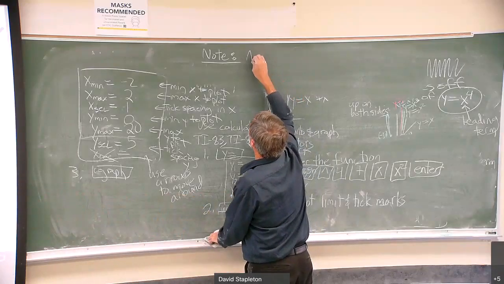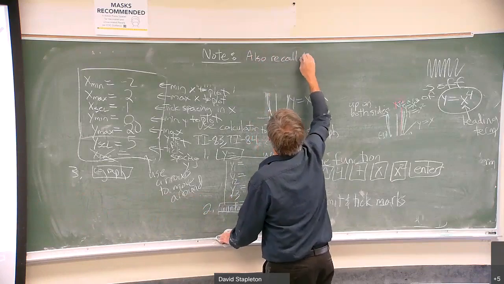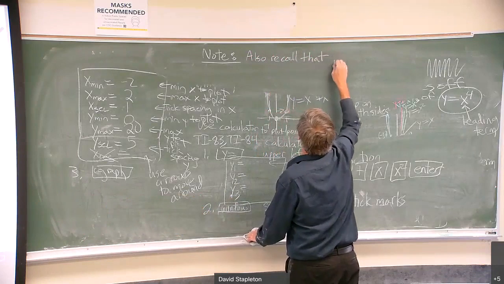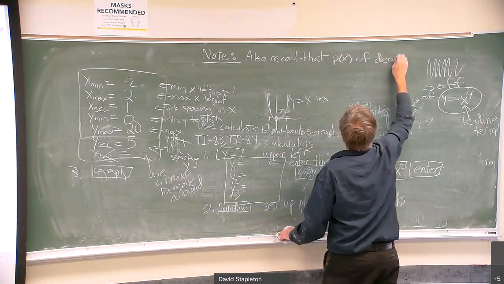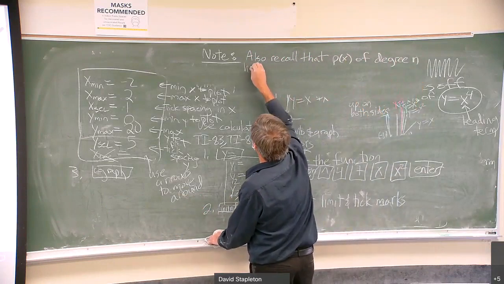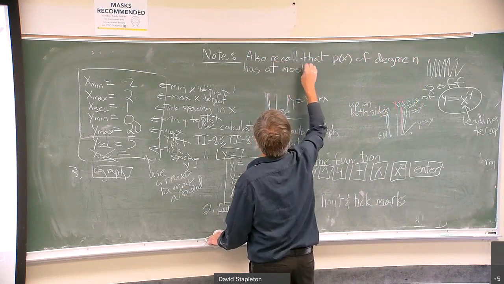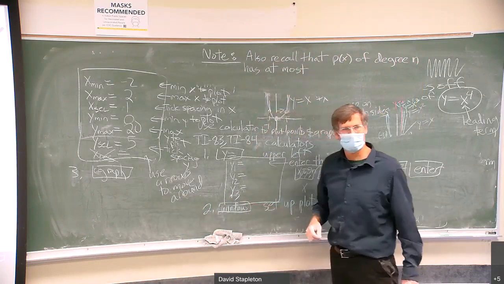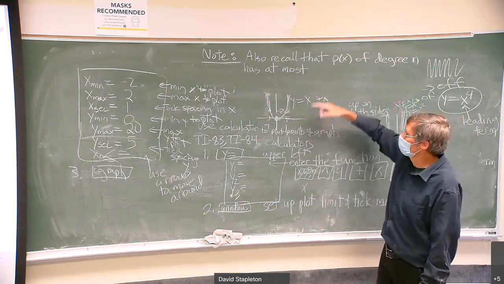We also know, recall, that p of x, a polynomial of degree n, has at most how many turning points? That is, where it turns from going up to going down or from going down to going up.